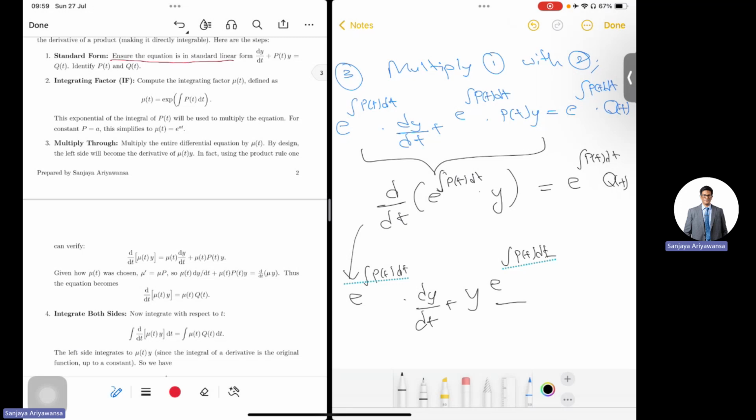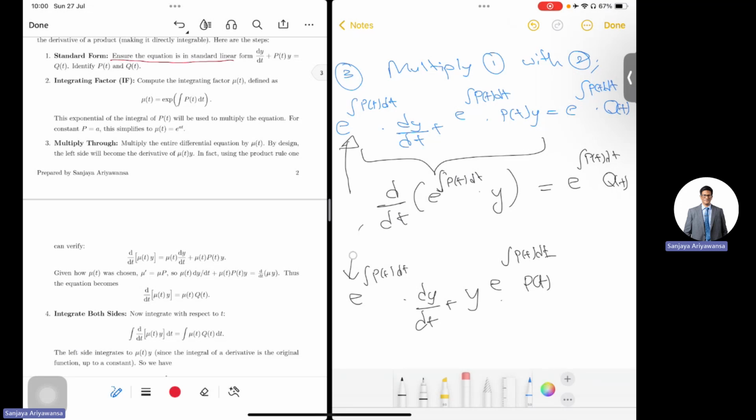So you write down the exponent as it is, and then you differentiate what is in the exponent, which is p(t), right? So isn't that what we have over here in this left hand side? That's exactly what it is, right?